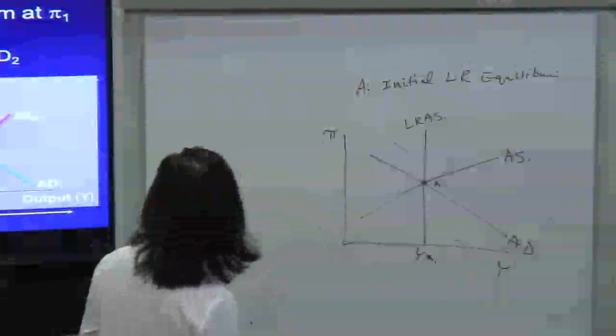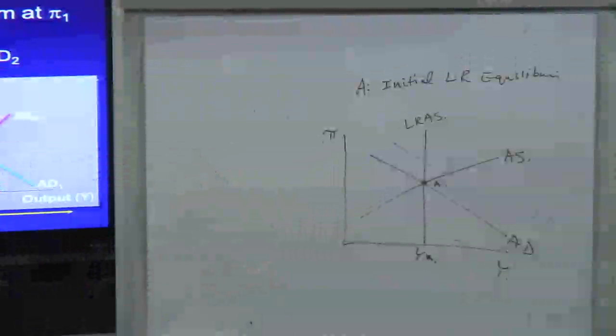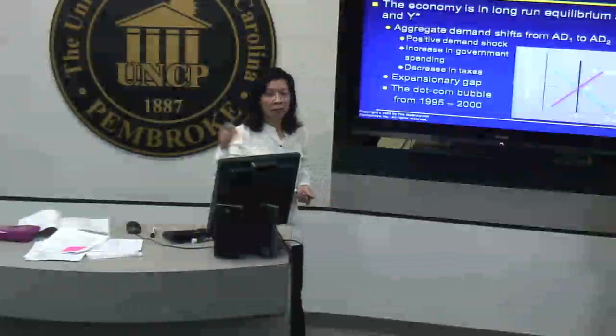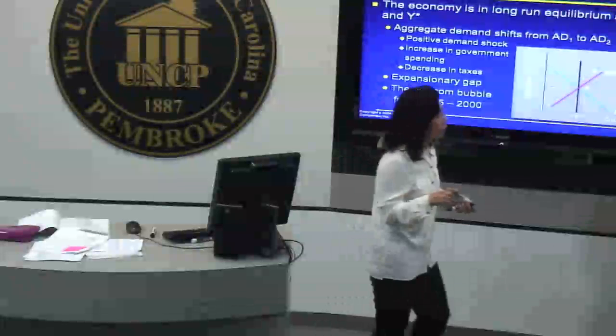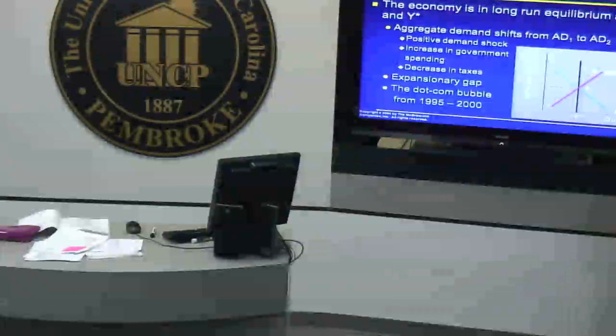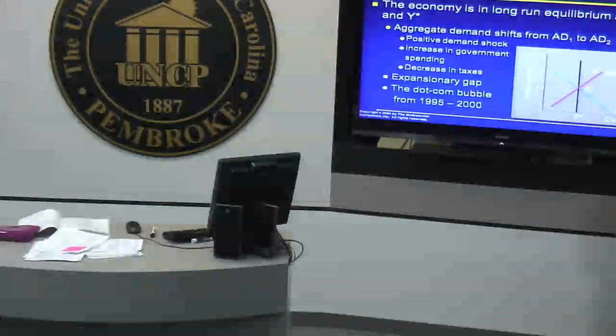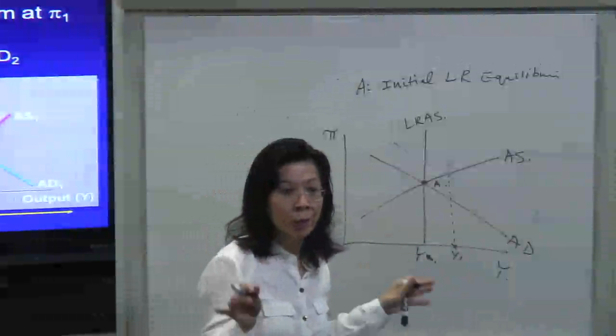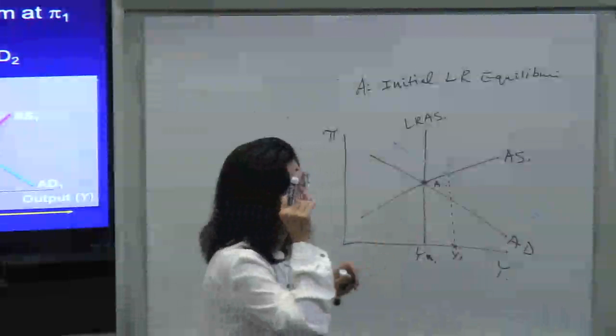So if you have expansionary fiscal or monetary policy for that matter, that will mean your real interest rate drops. So you have point B. At point B, quickly drop this down, like that. So you got Y1.